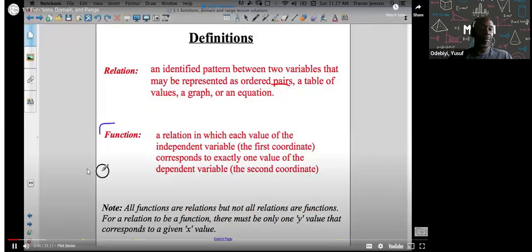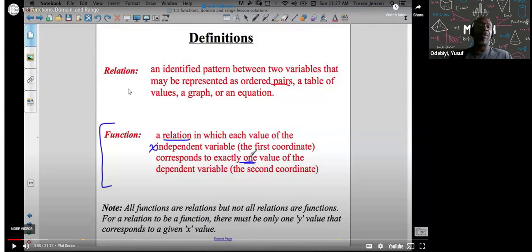So what is a function? A function is a special type of relation in which each value of the independent variable, x, corresponds to exactly 1 value of the dependent variable, y. Okay, so that is key. A function is the relationship between x and y. There's only one y for every x, okay?